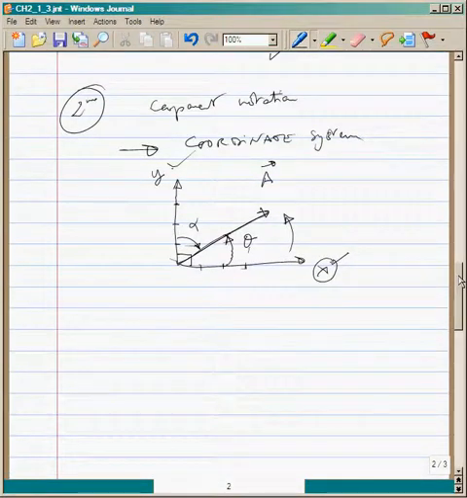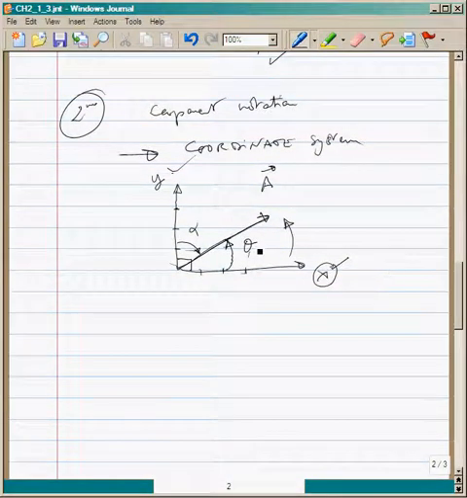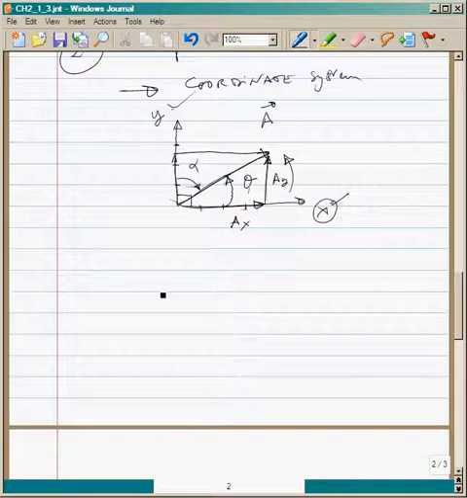Now that's one way. You can use the component notation, and instead of using the angle and the magnitude, we will be using the projection of the vector onto the x-axis and onto the y-axis, which will be either this one or that one. So really, the component notation is nothing different from decomposing a vector.